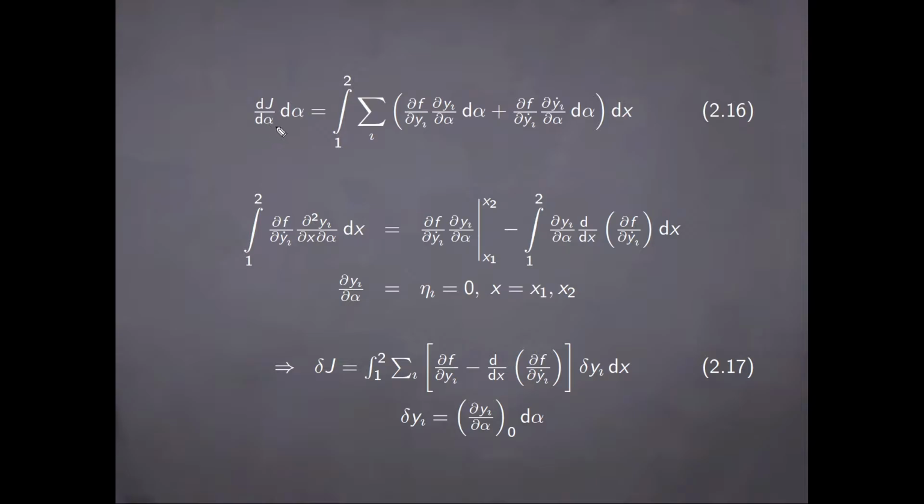The variation is expressed as was done previously, so I need to take a derivative of all of the functions contained within f by the parameter alpha, and then the second term here is treated just like we did previously in the one-dimensional case.